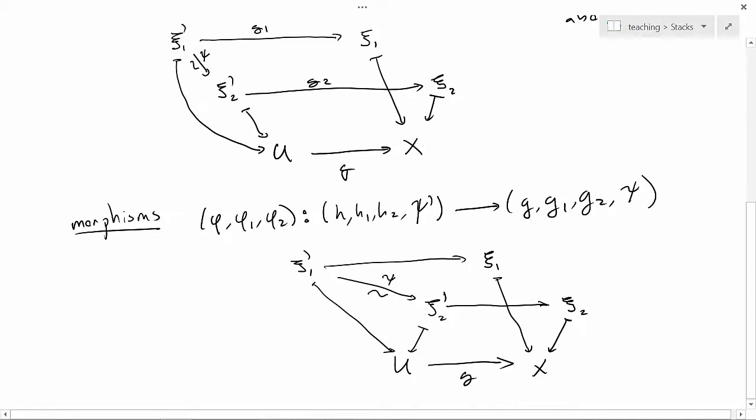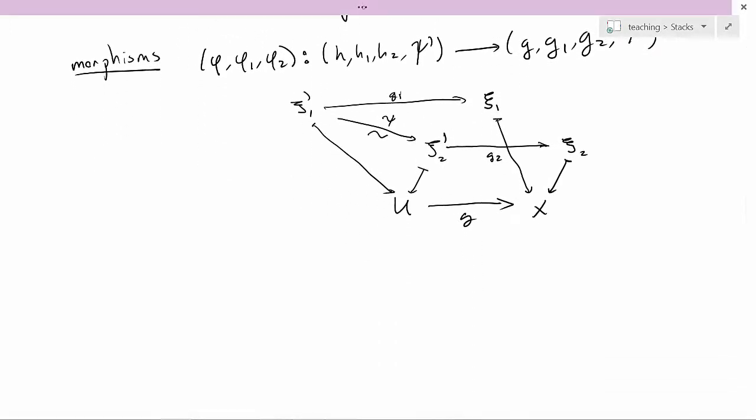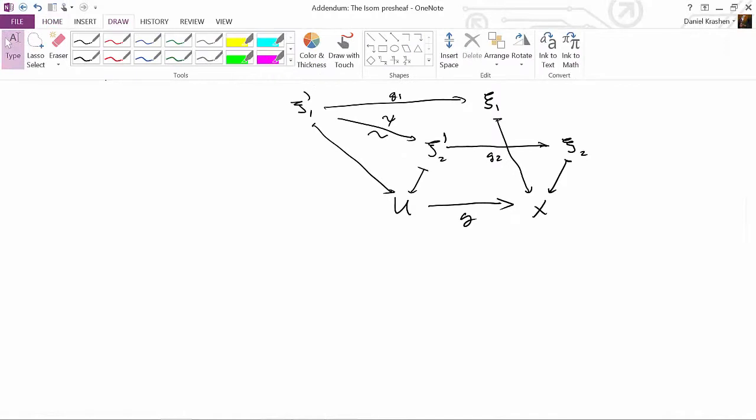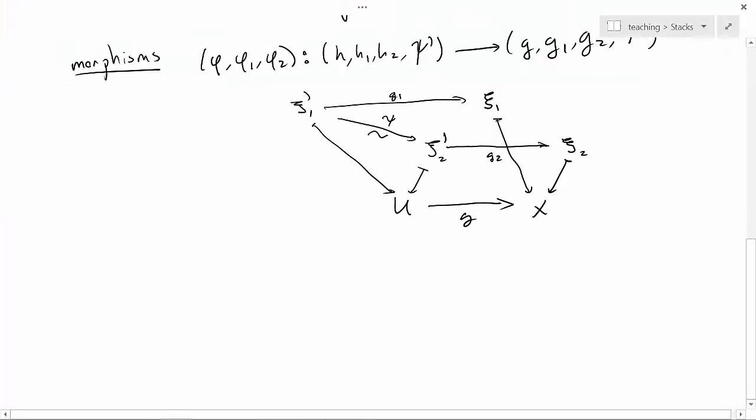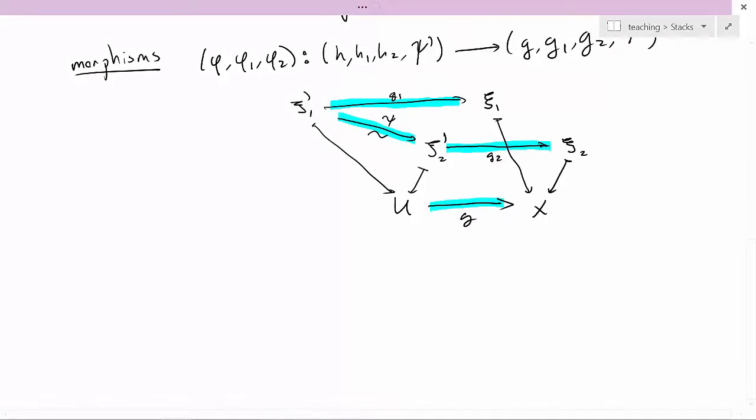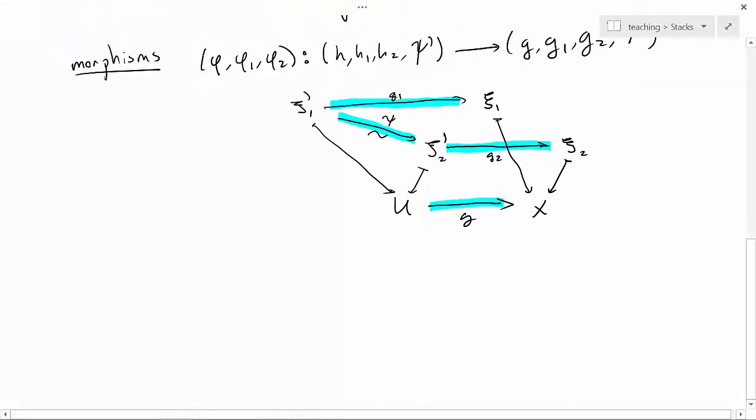So this, if we are keeping track of things, are my G's, which are encoding this data right here. So now I want to map from a new diagram with some H's to this diagram with some G's. So let me scroll this up, and just to keep things straight, that's the data which describes my G, and now I'm going to describe an H. So this is going to be given by, let's say, some C1 double prime, C2 double prime.